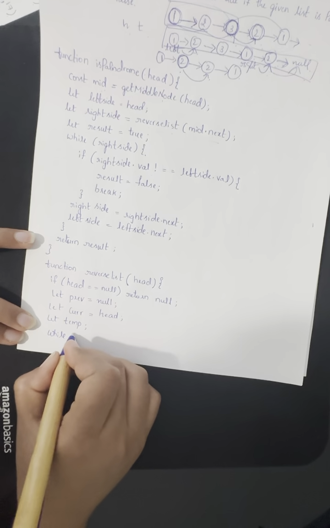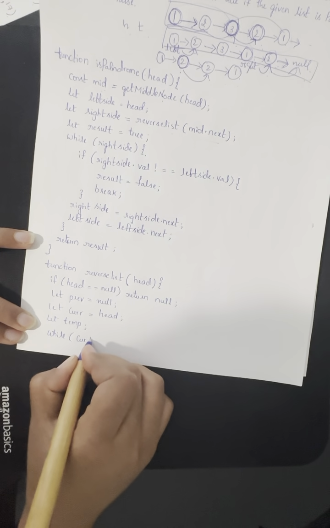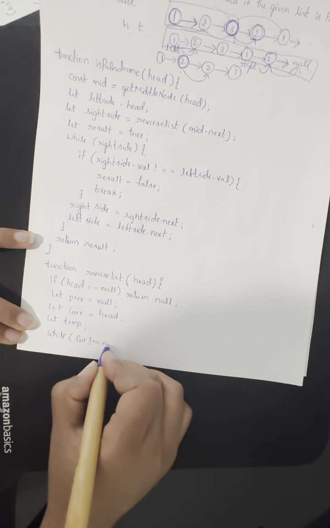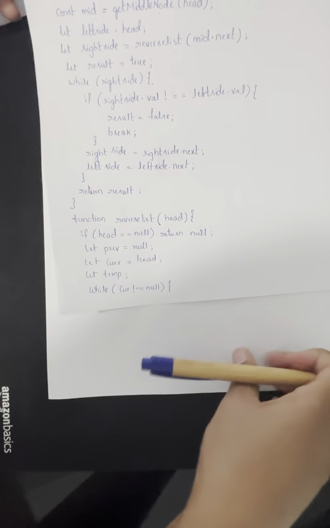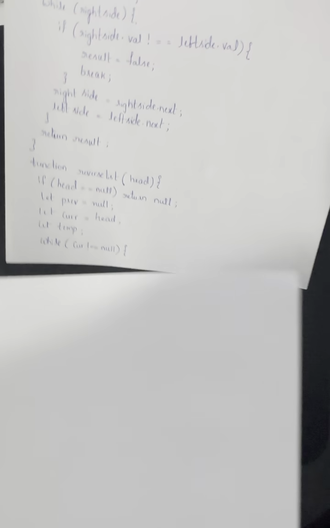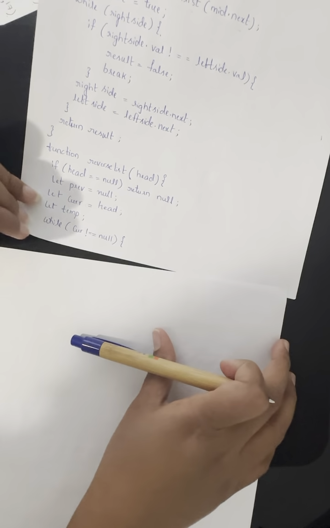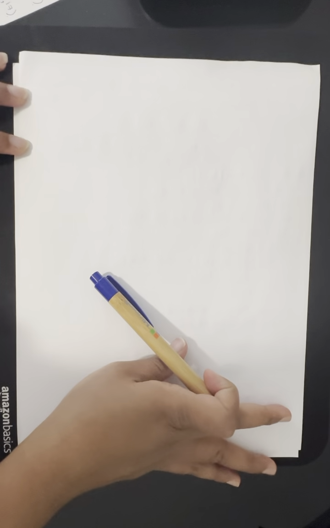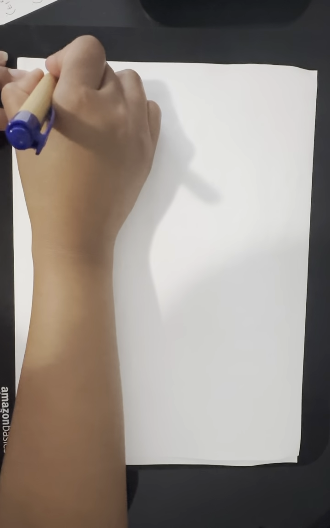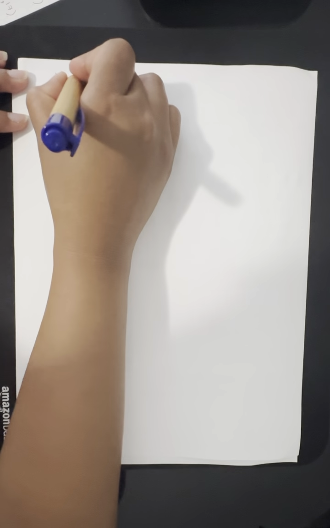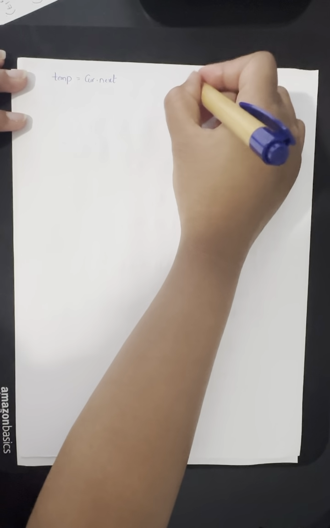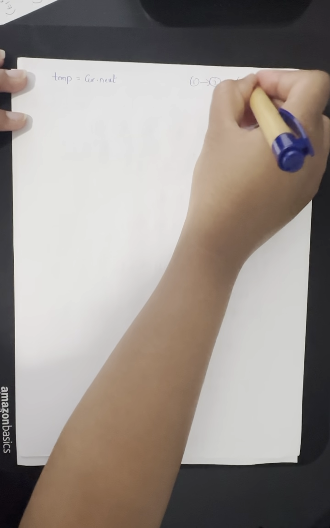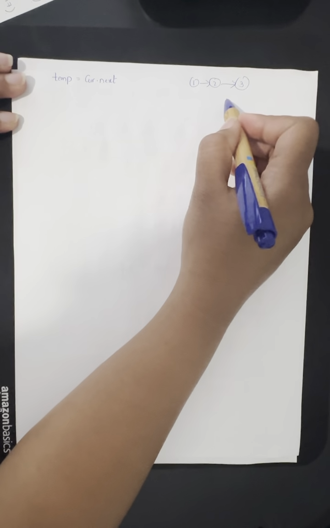And I'll start the while loop: while current not equals to null, what we need to do is, in the temp variable, I'll be storing current dot next. Because let's say we have these three nodes, and we are reversing these three nodes.